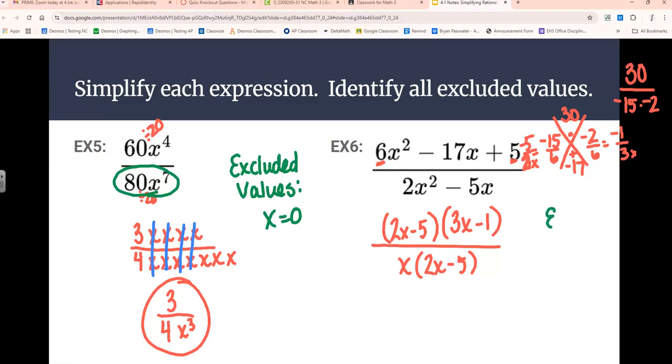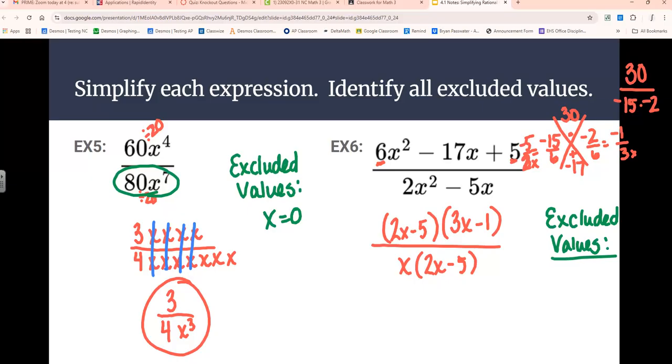I have to do excluded values before I simplify. So, these are not quite as easy. What numbers would be excluded values here? It's that 2x minus 5. I'm looking for what would make it 0.